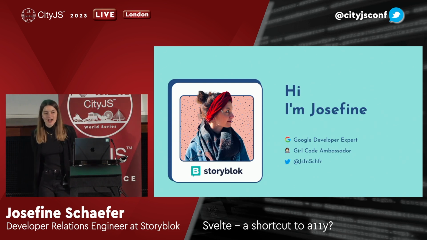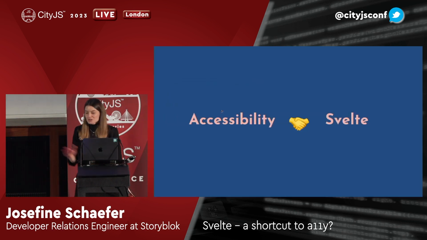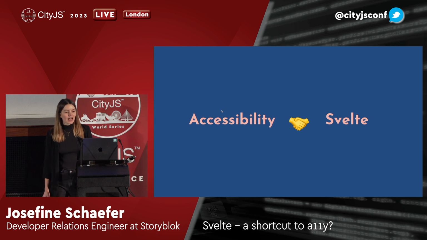I'm Josephine. I'm a developer relations engineer at Storyblock, and also a Girl Code Ambassador, which is an initiative that tries to fight for equal rights in the technology industry. And I'm here to talk about Svelte and accessibility, two of my passions, if you will.